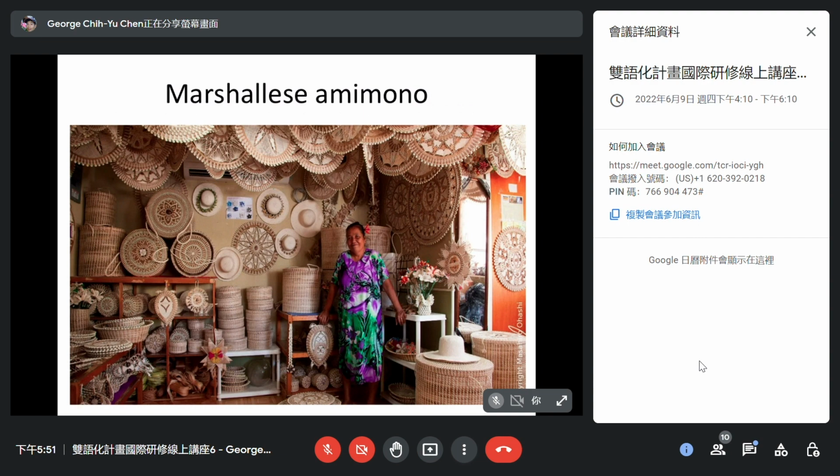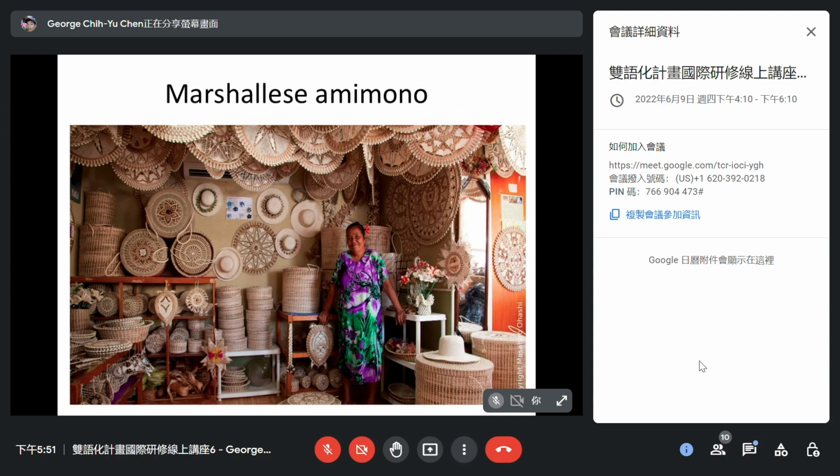So the handicraft has been with the people in Marshall Islands for a long time, before the Japanese occupied in the early part of 20th century. So the Japanese army occupied during World War II. And that's why you see this word amimono. It sounds Japanese.